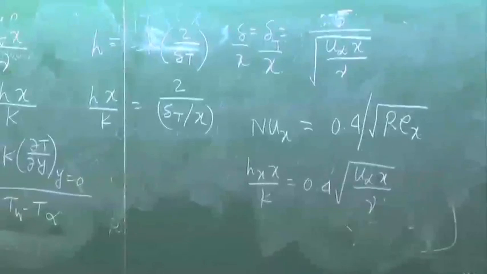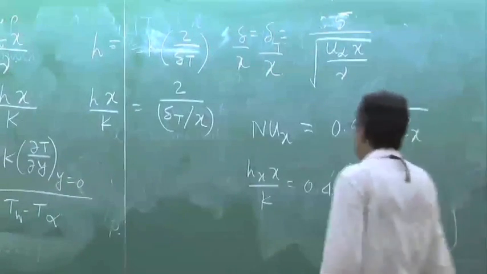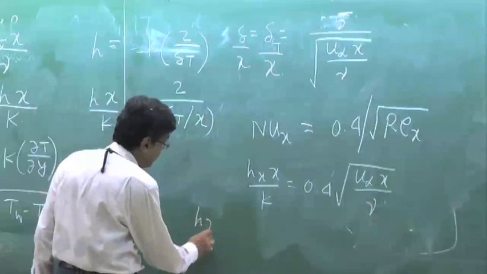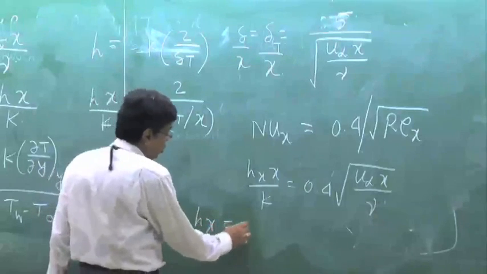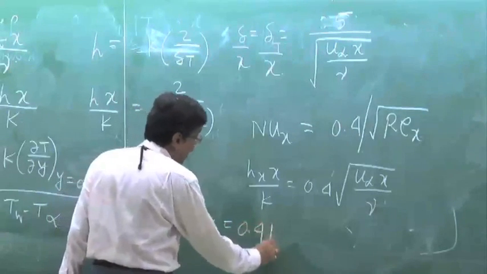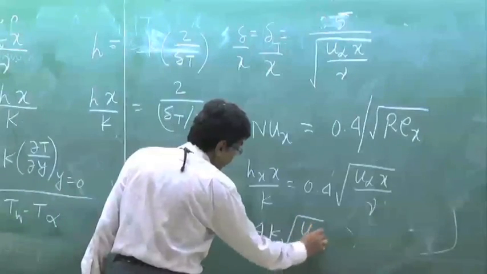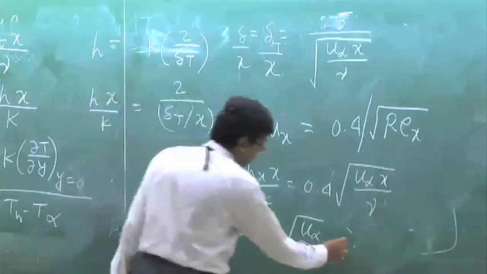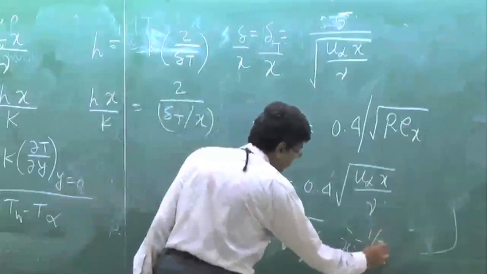So 0.4 into root over u infinity x by nu. So therefore, you find out the heat transfer coefficient Hx is equal to 0.4 k root over u infinity by nu, x to the power minus half.